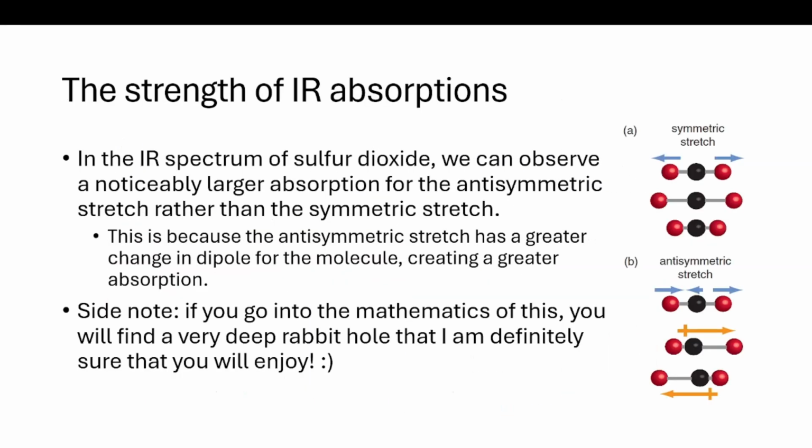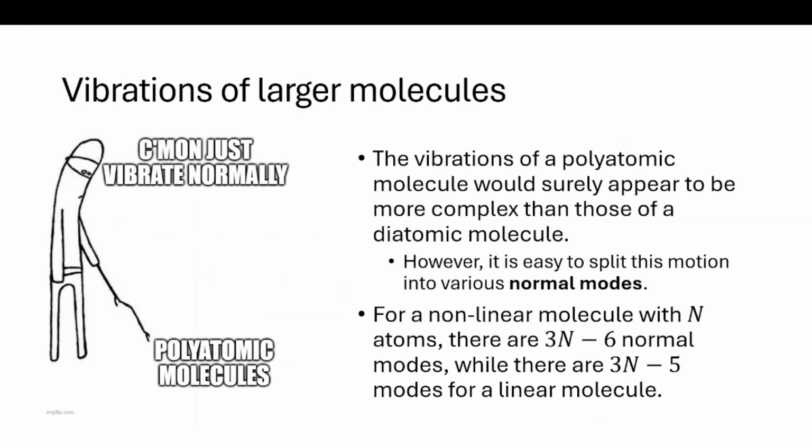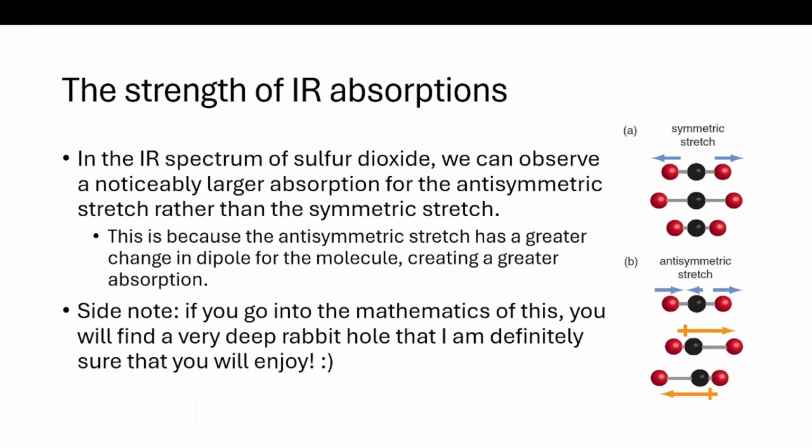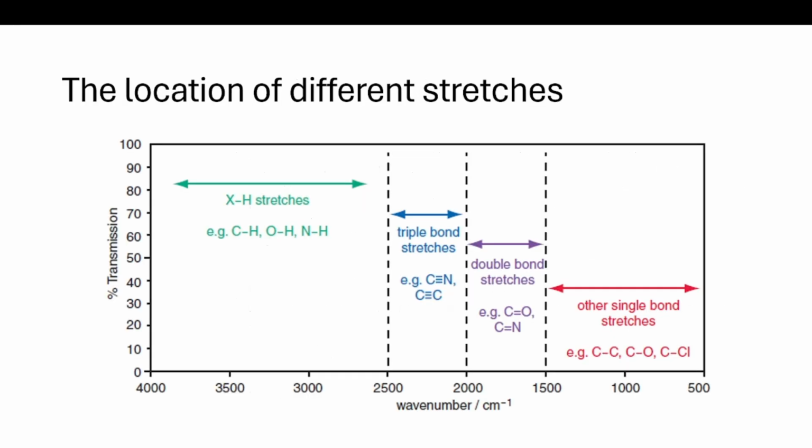And if we go back to this slide, because hydrogen has such a light mass, logically, bonds to hydrogen would have the highest stretching wave numbers. And so we see it in this particular region of an IR spectrum instead of here or here.